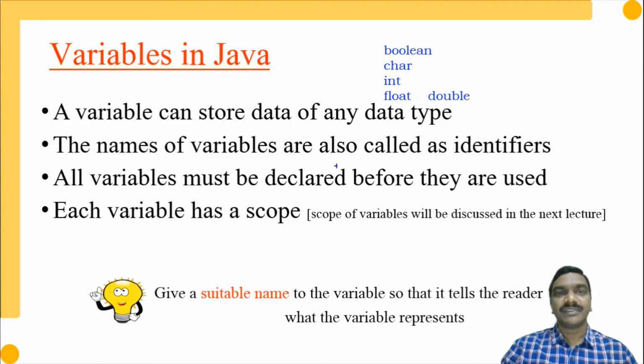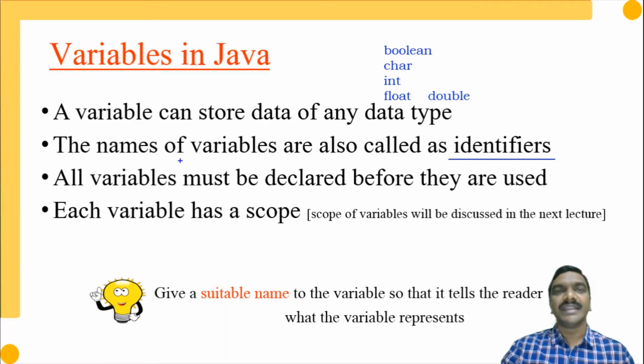Then the names of variables are also called identifiers. Here we see this word identifier. Identifiers, this word has a broader meaning. Identifiers can be the names of variables, or they can be the names of classes, the names of methods, like that.